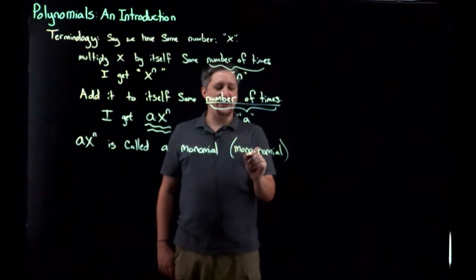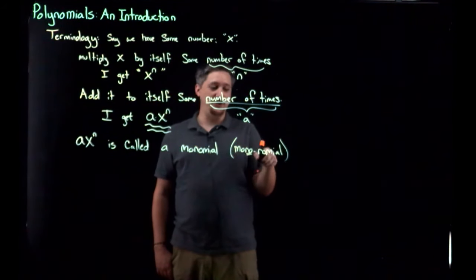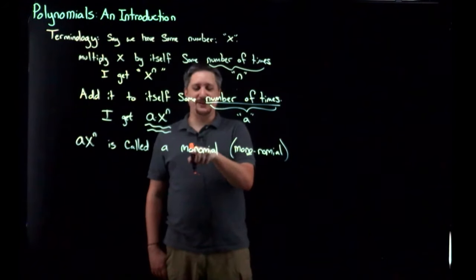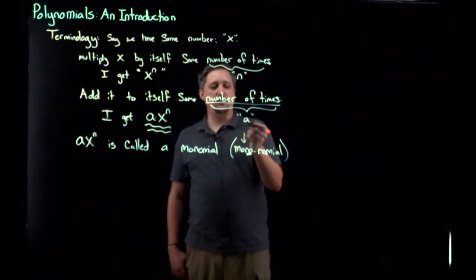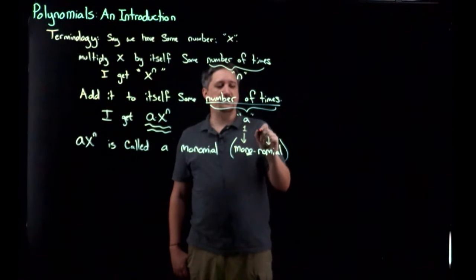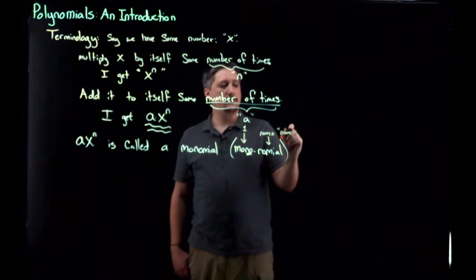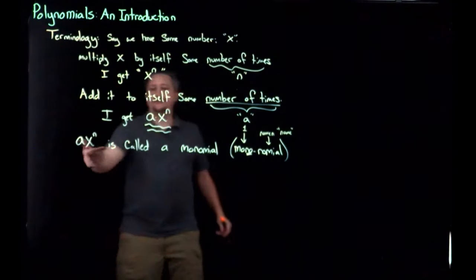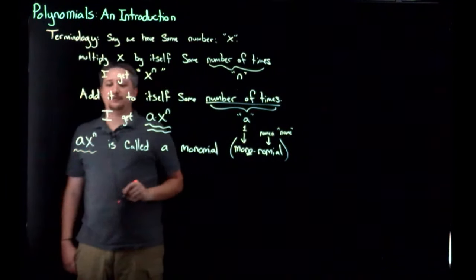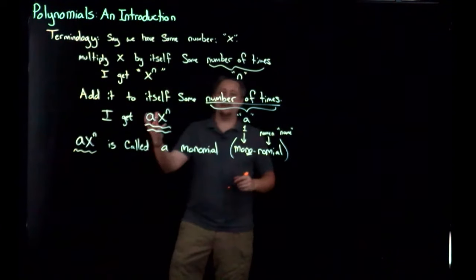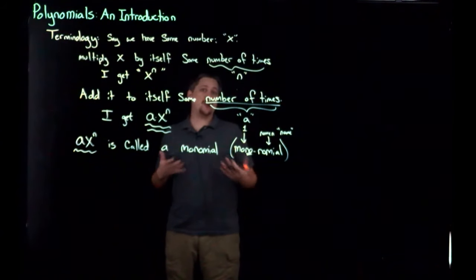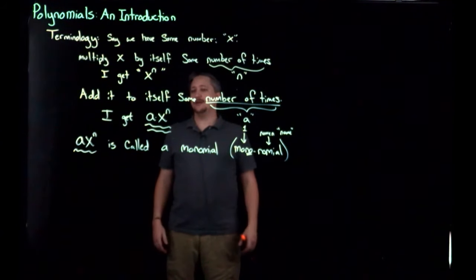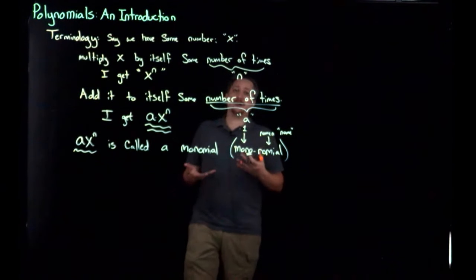But they got rid of the extra no, right? Because it was M-O-N-O-N-O-M-I-A, right? So they got rid of the extra no to get monomial. Because really what we're doing here is we have mono for one, and nomial is actually from nomen, meaning name or term. So basically, again, math people are not usually that clever with their naming. I have one thing, one term, where by term what I'm really talking about is things being added or subtracted together to one another. So this is sort of a building block of a polynomial.